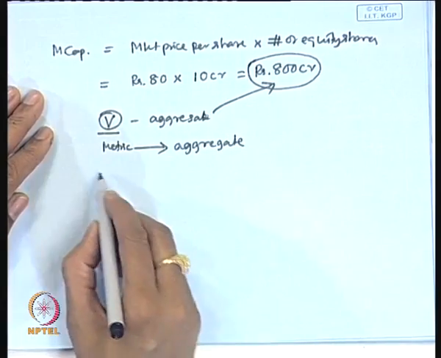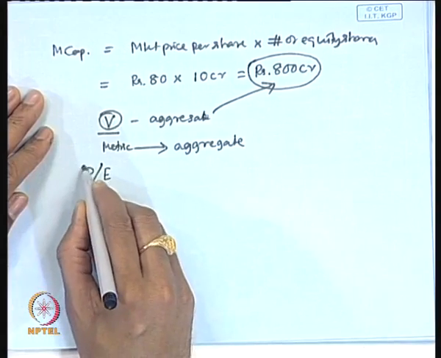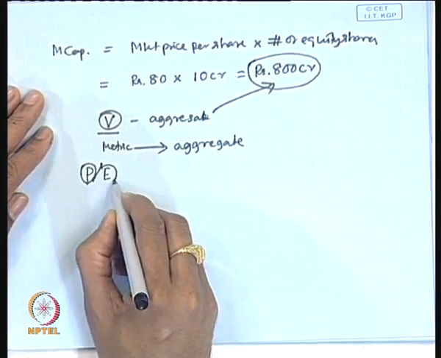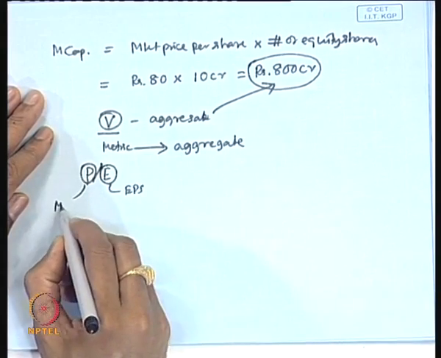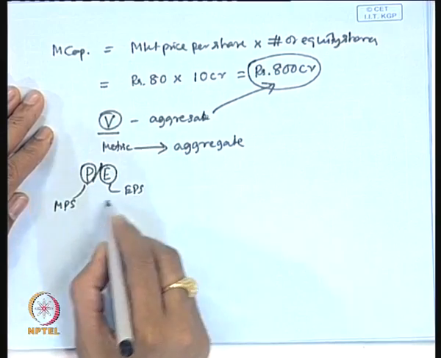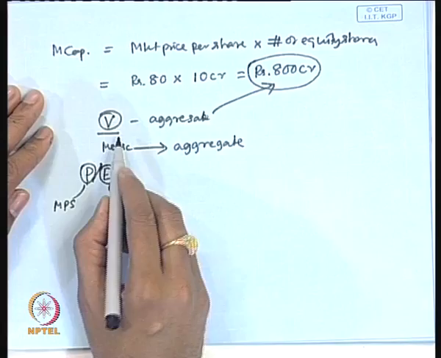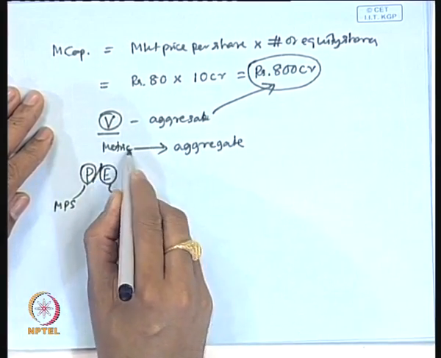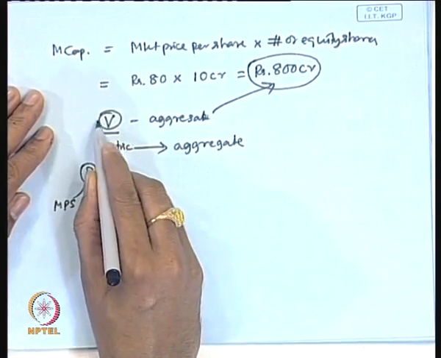If we are going for a valuation multiple like the price to earnings ratio, the price is the market price per share and E is earnings per share. If you are applying this, we should not make the mistake of dividing the aggregate value by earnings per share, because earnings per share is per share, whereas value is on an aggregate basis.